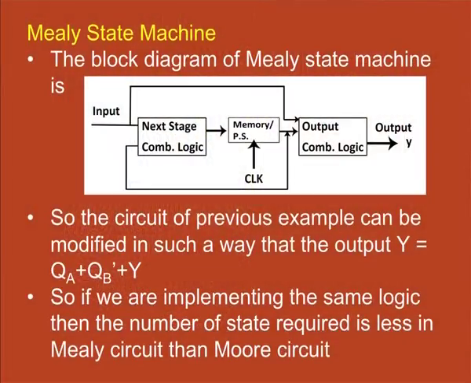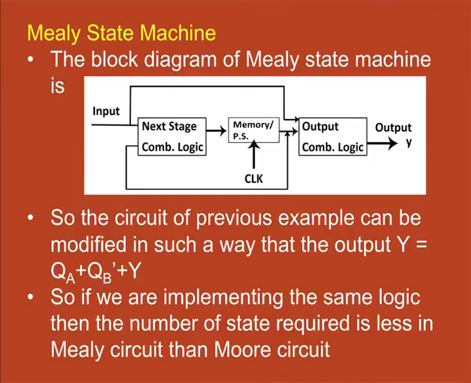Similarly, we can discuss the Mealy state machine, and the block diagram for the Mealy state machine is shown here. We have the flip flops, and the input and the outputs of the flip flops are connected to the combinational logic circuit, and the input is also connected in such a way that the output is dependent on the input as well.